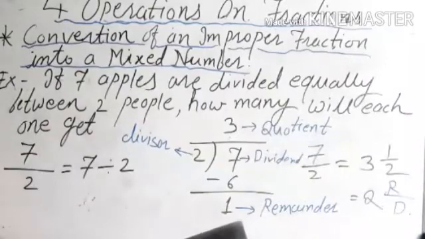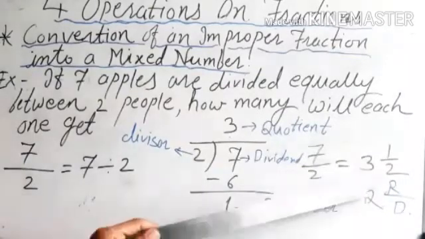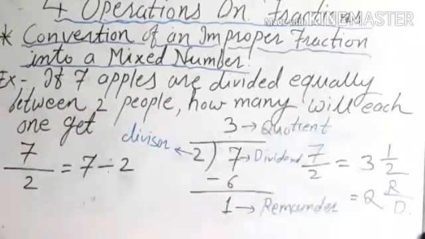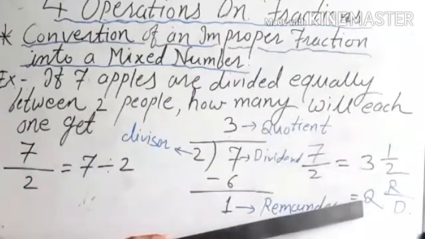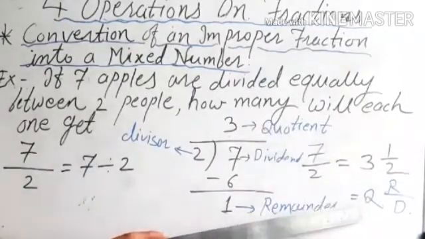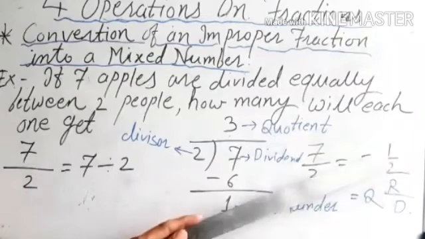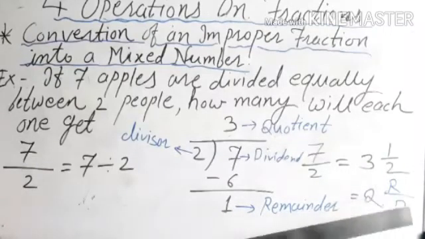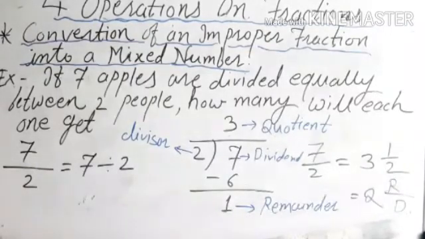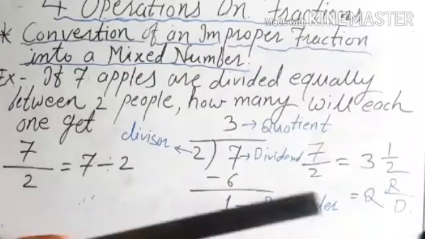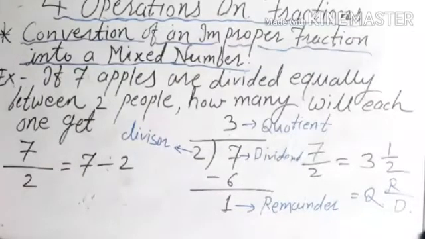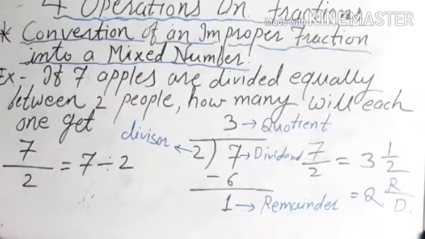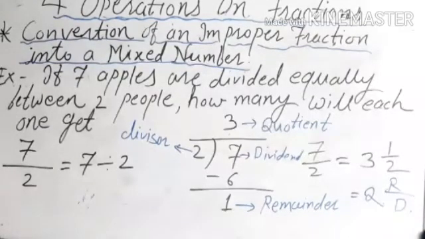To remember this, Q means quotient, 3 is the quotient, then 1 is the remainder, and upon 2, the divisor. Okay, like this way you have to convert any improper fraction into a mixed fraction.